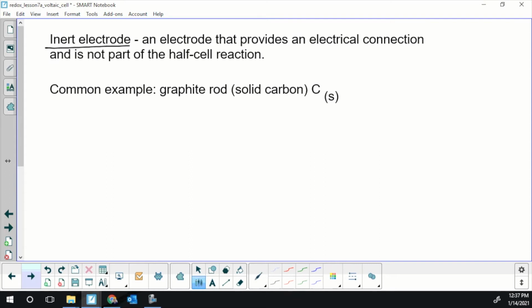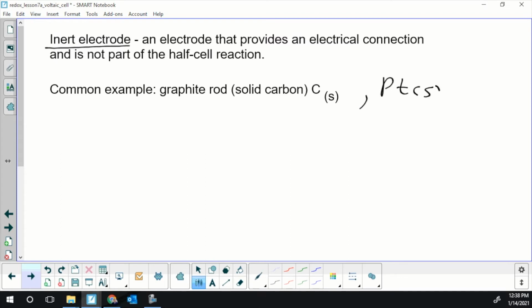There are two examples of inert electrodes that you will see in this course. The first is a carbon inert electrode, a graphite rod. The other really common inert electrode that you'll see on test quizzes, homework, is platinum. There's no platinum as an OA or an RA. And it's a good electrical conductor.